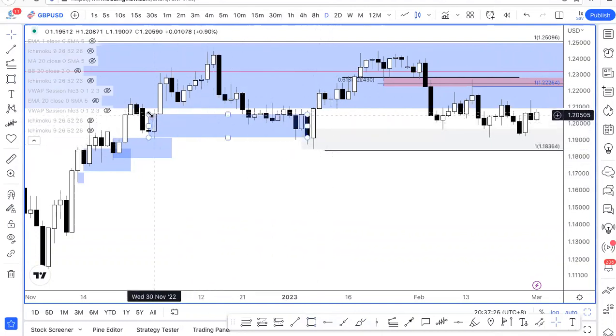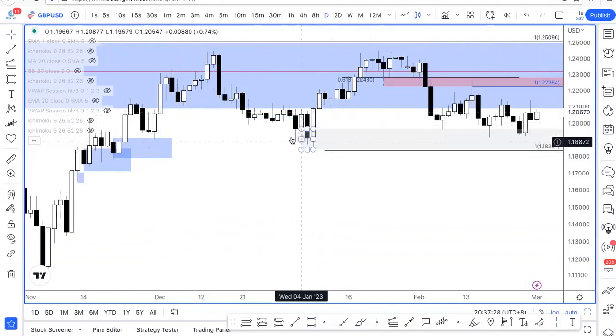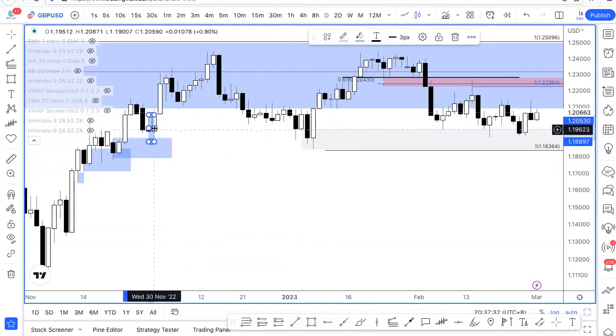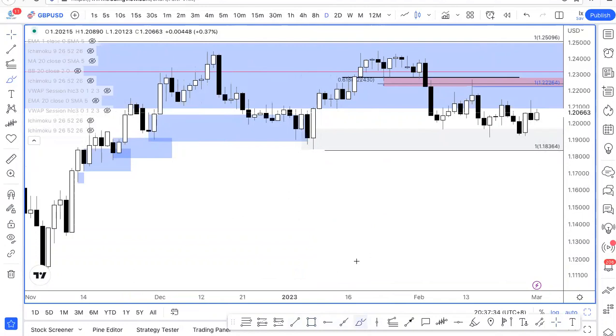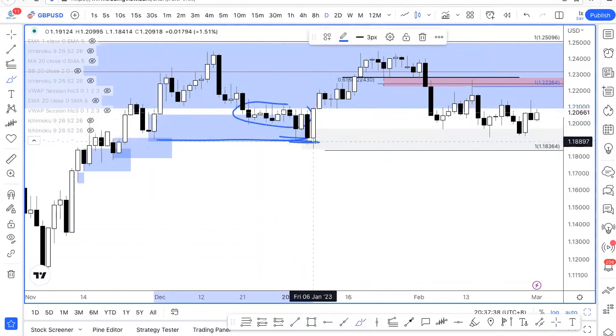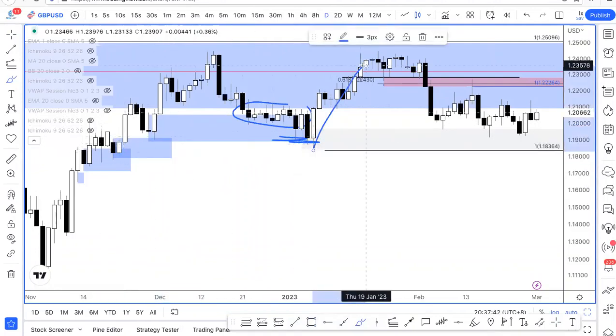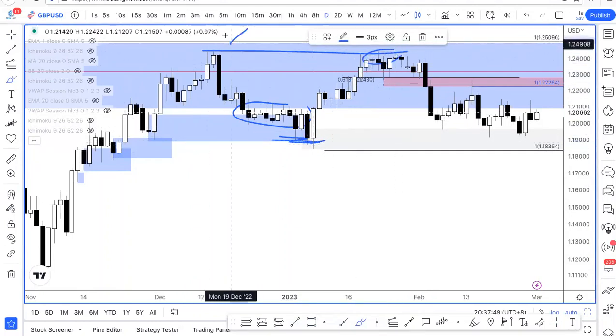So in this case, for me, this is the last region as the demand, because if you have a demand area here, you can see that price came in, we saw that hesitation before it broke below, swept below this demand area, came into the other demand region that we have over here before it continues to the upside. But you can see that following this, this low itself fails to take out the previous high.